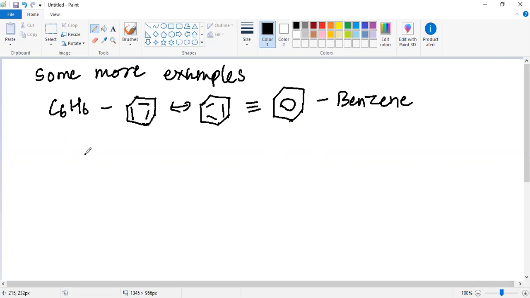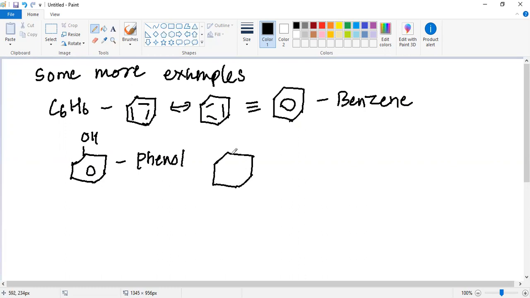Then, my dear students, if we have this benzene and it has OH, it is known as phenol. If we have benzene with NH2, we'll call it aniline.